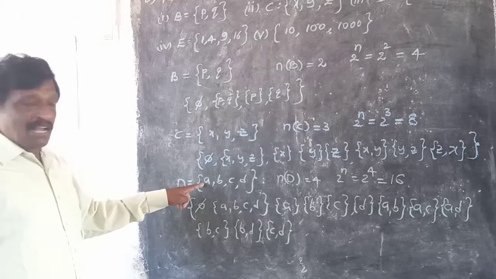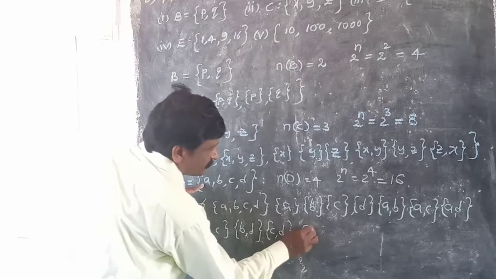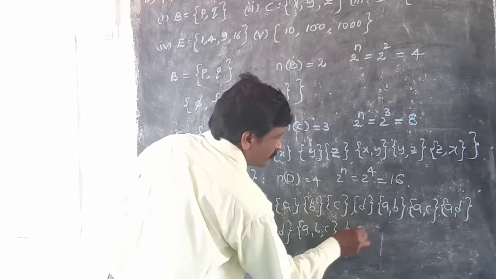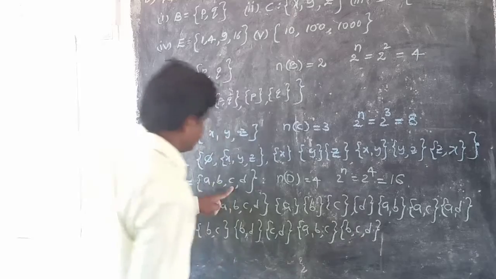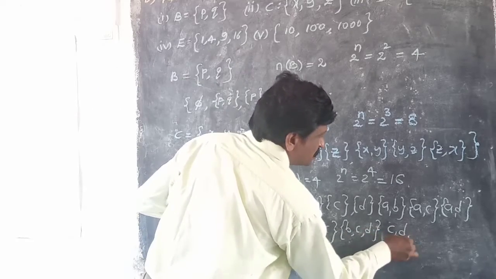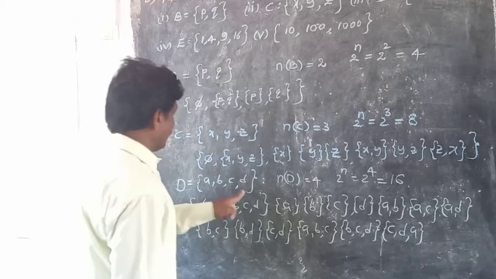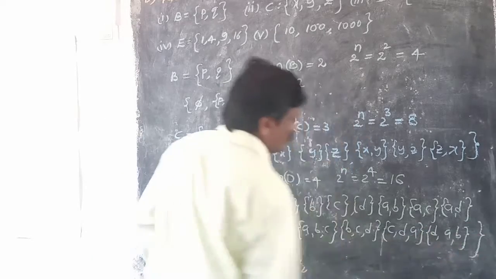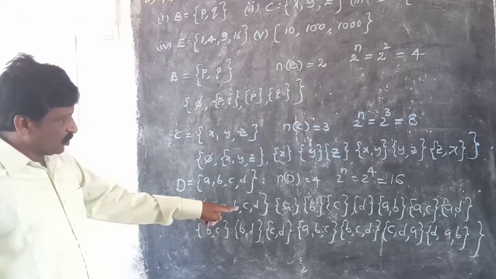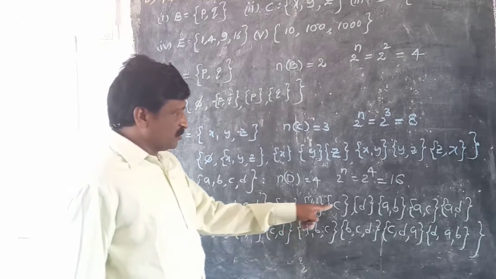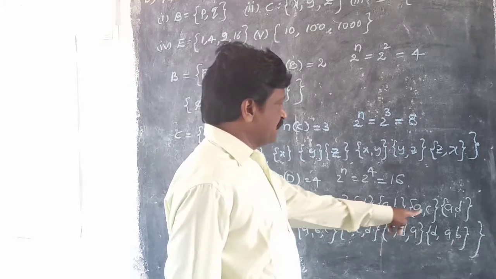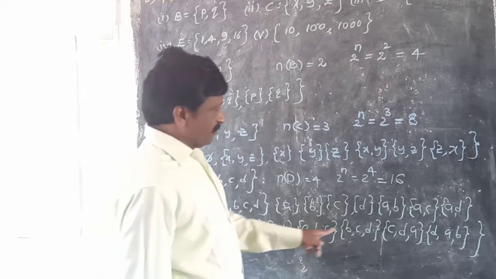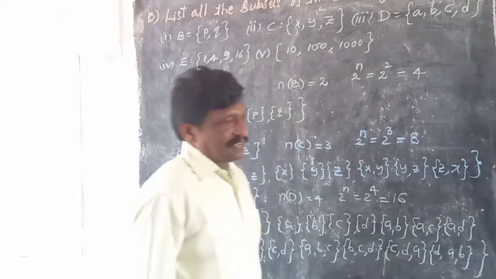Next, triple element sets: ABC, BCD, CDA, DAB. So 1, 2, 3, 4, 5, 6, 7, 8, 9, 10, 11, 12, 13, 14, 15, 16 subsets.